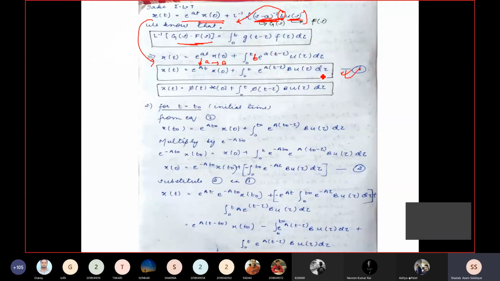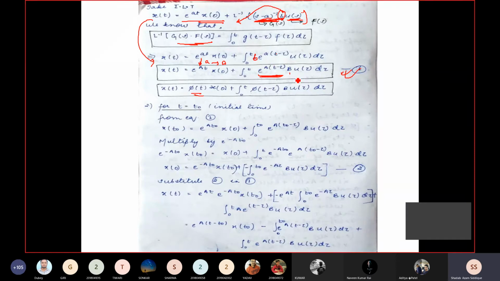So this is equation number 1. If you take the phi of t representation, you can have e to the power At as phi of t, and e to the power A(t minus tau) is a delayed function, so it is written as phi of (t minus tau) B u of tau. B can be written as capital B. Again, for the matrix representation, we should multiply B here to match the matrix dimensions, otherwise our matrix will not match.